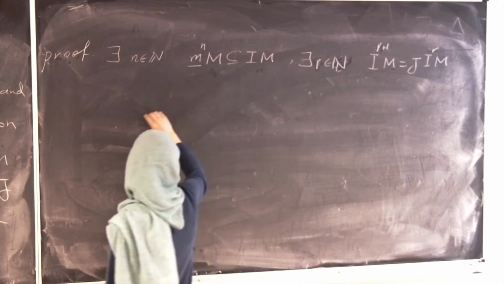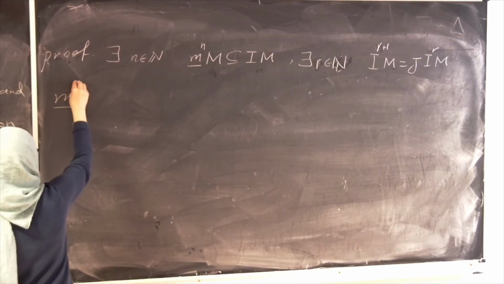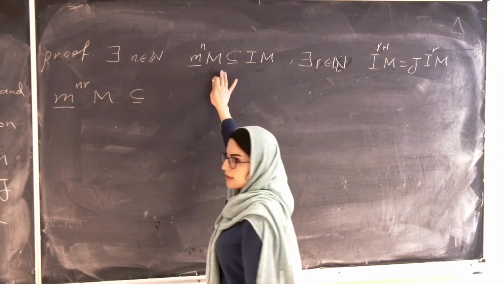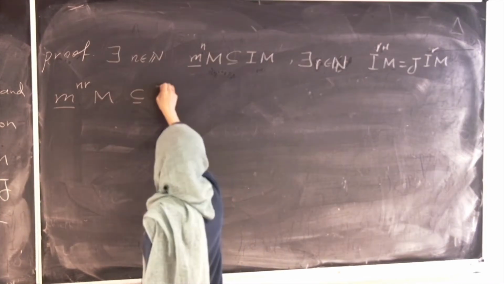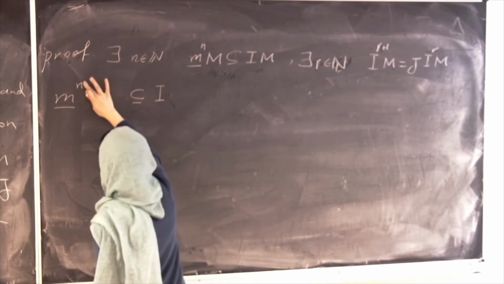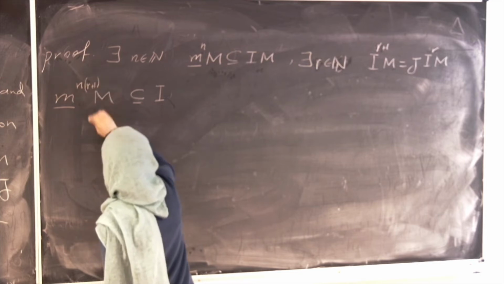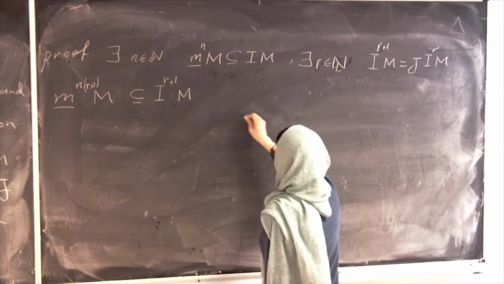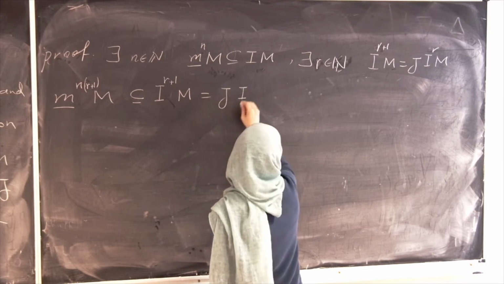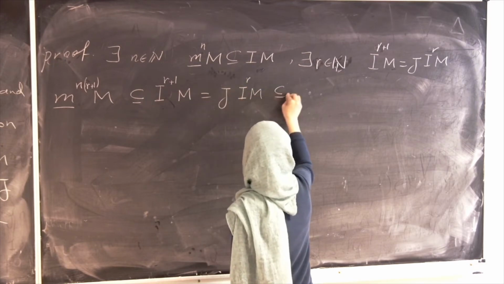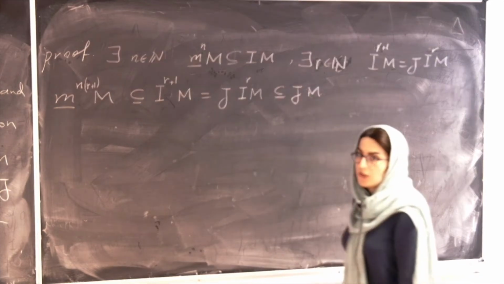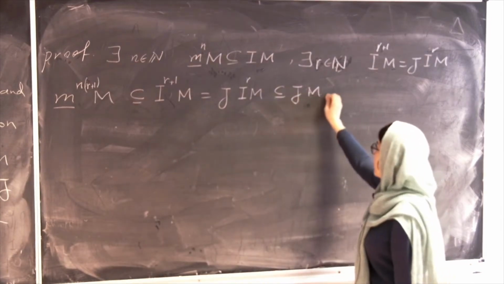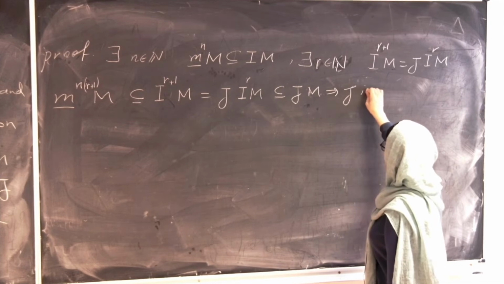So from this inclusion, I will have the maximal ideal to the power n r times M. If I use this inclusion repeatedly, I will get that this is contained in I^r M. I need this power because here I want to get I^{r+1}M, and this is just J I^r M, which is obviously contained in JM. So there is a power of the maximal ideal that times M is included in JM. So J is an ideal of definition of M as well.